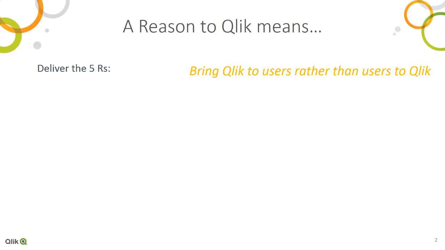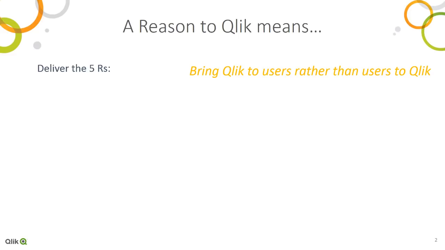The first word there, deliver, is probably one of the more important words, because what I'm trying to achieve there is really to invert the traditional way that we think of analytics, where instead of bringing users into Qlik apps, we're trying to bring Qlik content to where users already are.